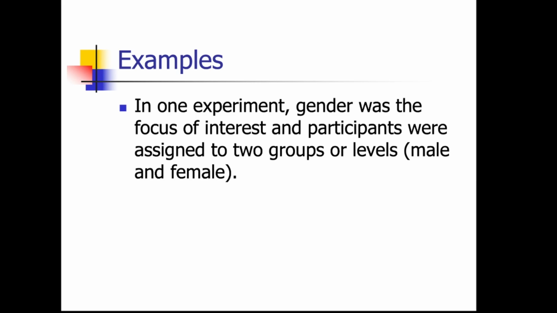So if the experimenter chose not to use a binary classification for gender and then maybe add 3 or 4 options, there's still levels. And gender will be the independent variable, and then the various categories of gender will be the levels.